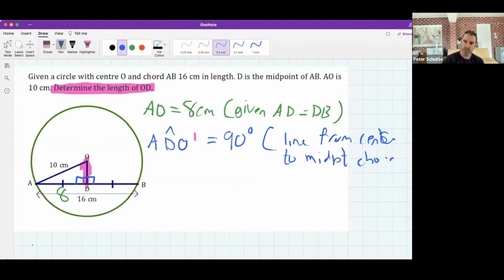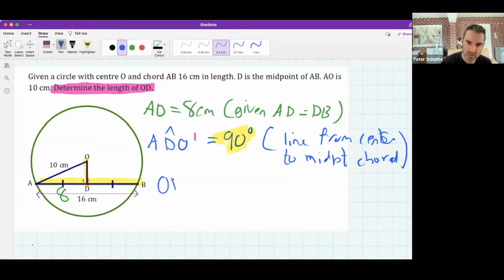Sometimes people just call it the midpoint chord theorem, although I think generally speaking, the more common way is line from center to midpoint of chord, and you can literally see it. It reads like English. It's a line from the center and it goes to the midpoint of a chord. And when you know that, it means that the angle that's being formed is going to be 90 degrees. Now you have your right angle triangle.